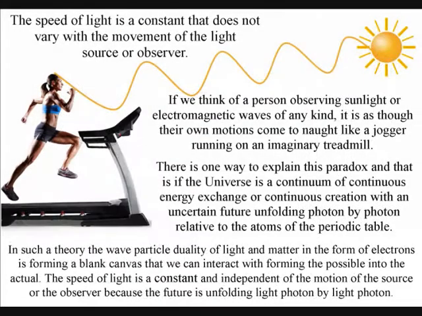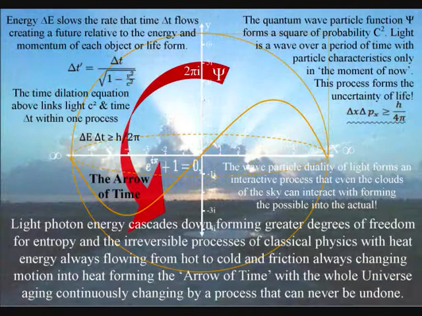If we think of a person observing sunlight or electromagnetic waves of any kind, it is as though their own motion comes to naught, like a jogger running on an imaginary treadmill. Throughout the whole universe, only the speed of light appears to be absolute in this way.